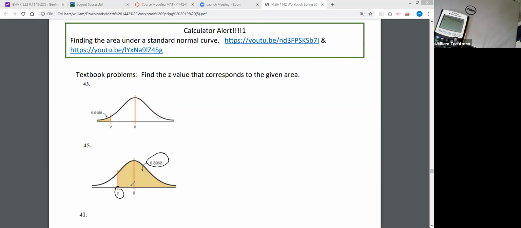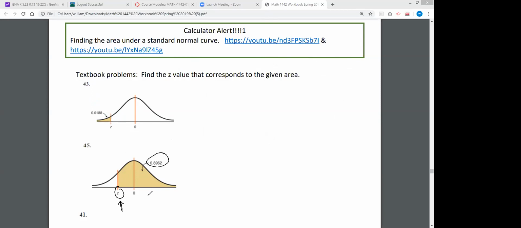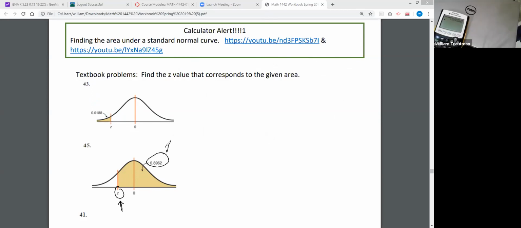By the way, what should the Z value be, positive or negative? Negative. Yes. So somebody just type this number into the calculator. Second vars, number 3. We're not going to get a negative answer, but let's just see.